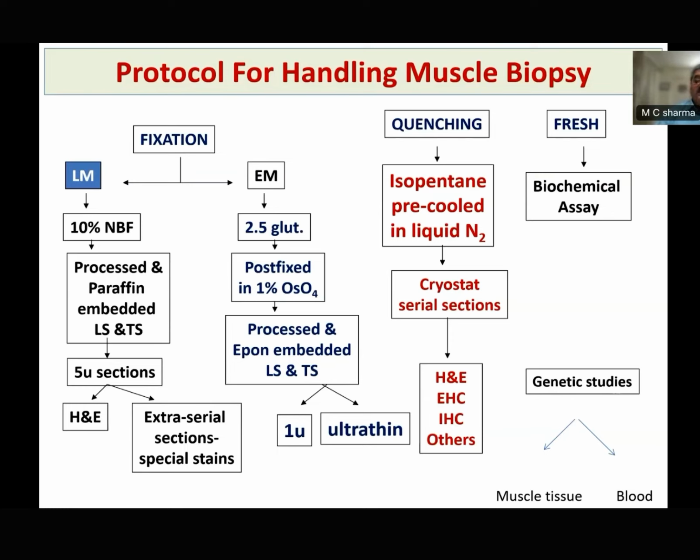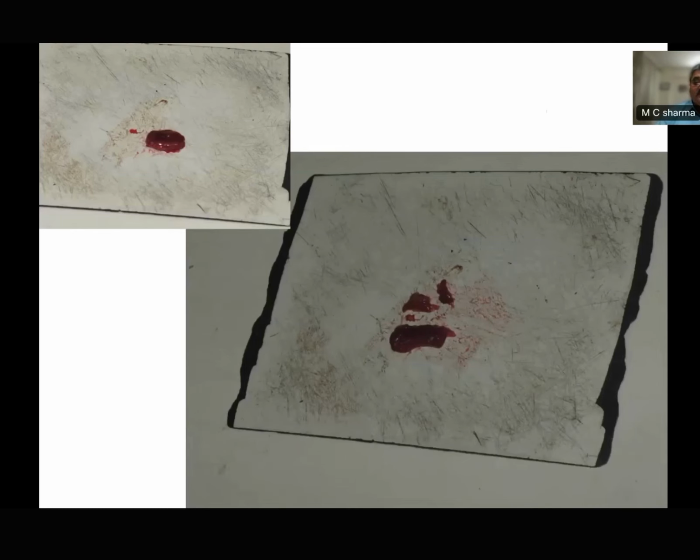Now genetic studies: nowadays most of the diseases which are genetically determined, muscular dystrophy and some others, the test can be done from the blood also. So mostly a blood sample is also recommended along with the muscle biopsy.